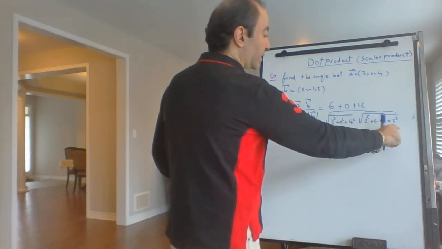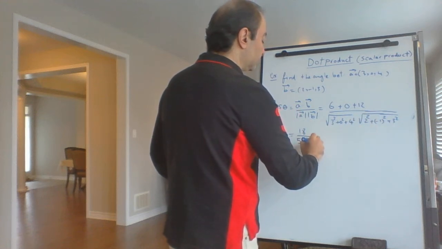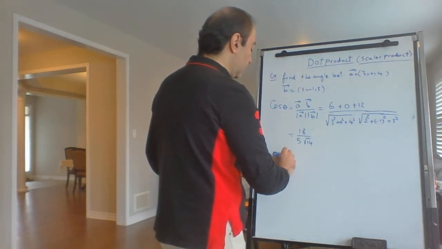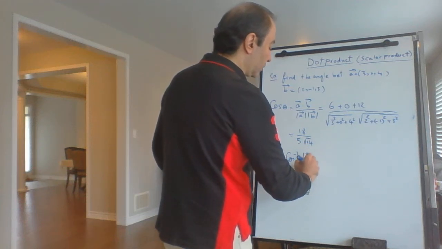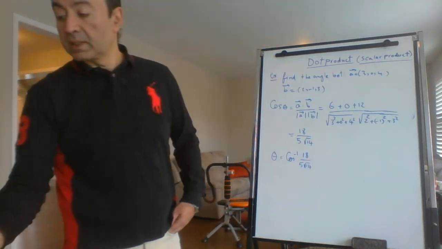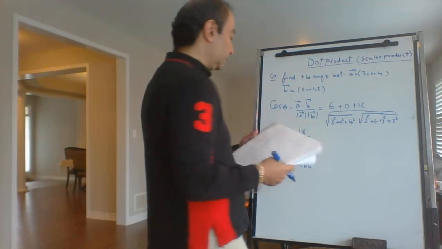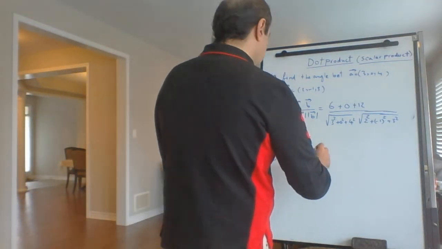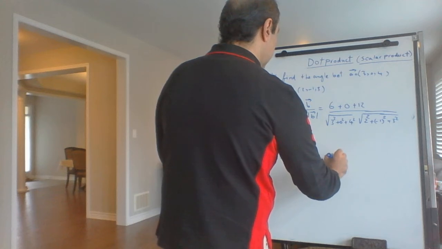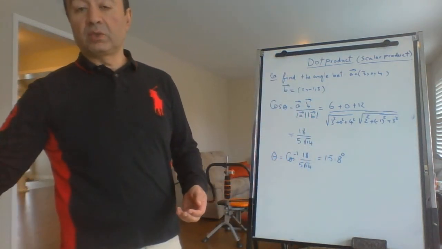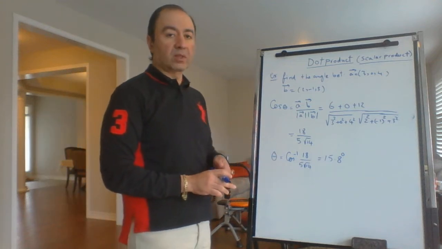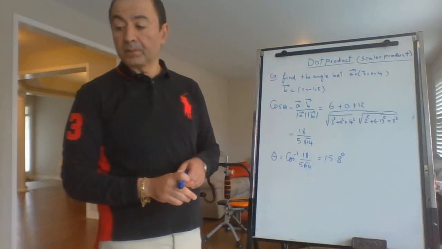And this is the square root of 14. So I can say theta equals cosine minus 1 of 18 over 5 square root of 14, which is the same thing as 15.8 degrees. I don't have to remind you that when we do vectors, our calculators are in degree mode.